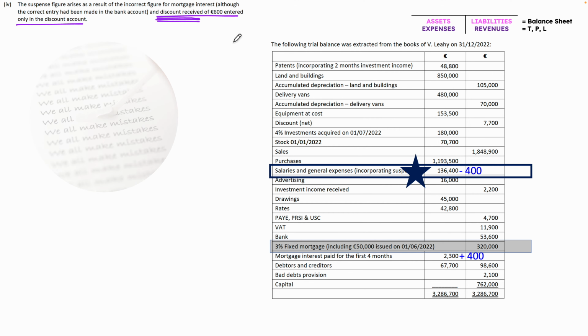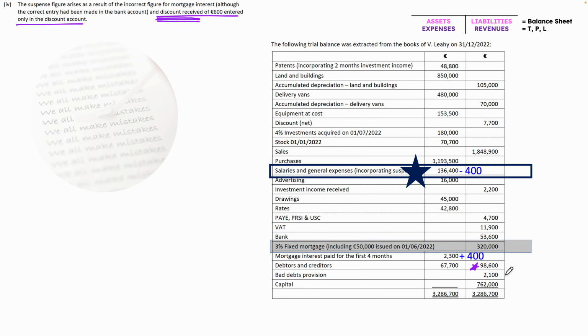So the discount is going to be received from a creditor. So a creditor gives us a discount. So what we need to do is look at the creditor account and say, okay, they're giving us a discount.